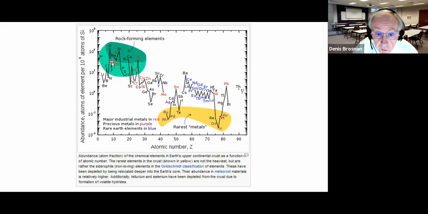You see silicon, aluminum here, calcium, iron is up here, lithium, some of the alkalis, fluorine. So these elements are up here, and of course water, and clays are products of decomposition of rocks. So that's the constituents of the surface of the Earth, and that's what we expect in our clay ceramics.